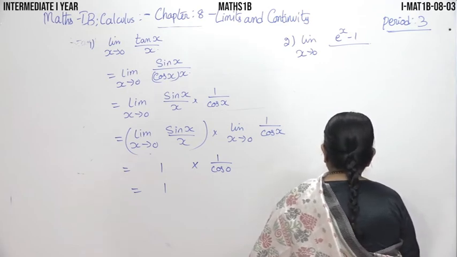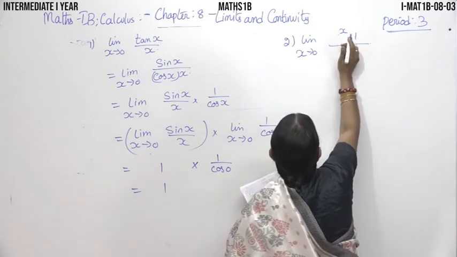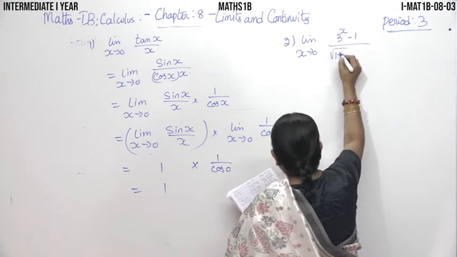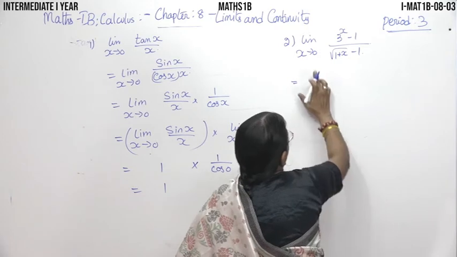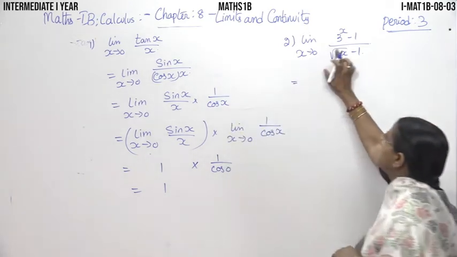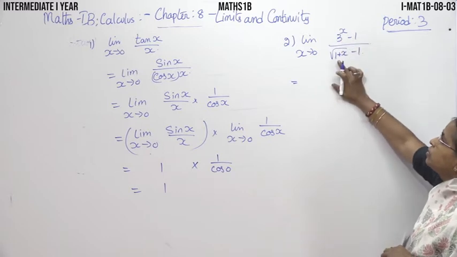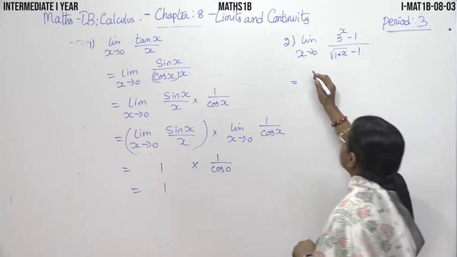I'll do this problem: 3 power x minus 1 by root 1 plus x minus 1. Here again when I substitute 0, this is 3 power 0 minus 1, 3 power 0 is 1, 1 minus 1, 0 by, again this is 1 minus 1, 0 by 0 form. So you have to simplify.